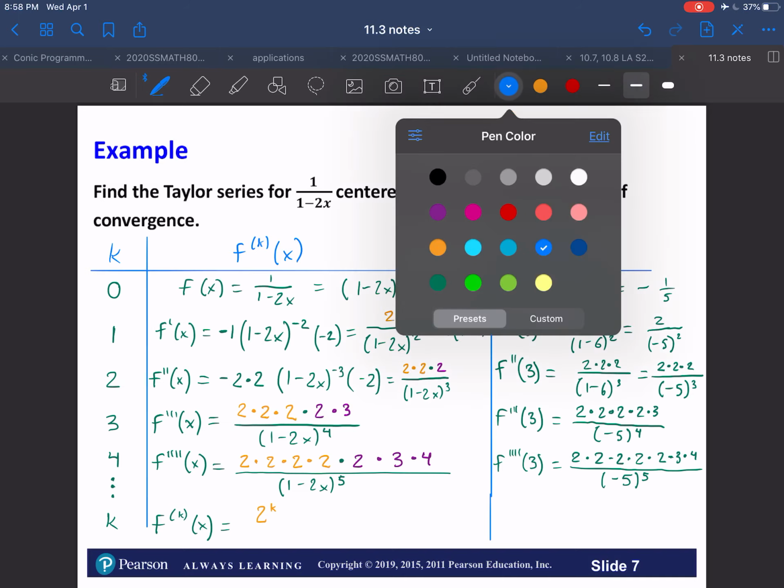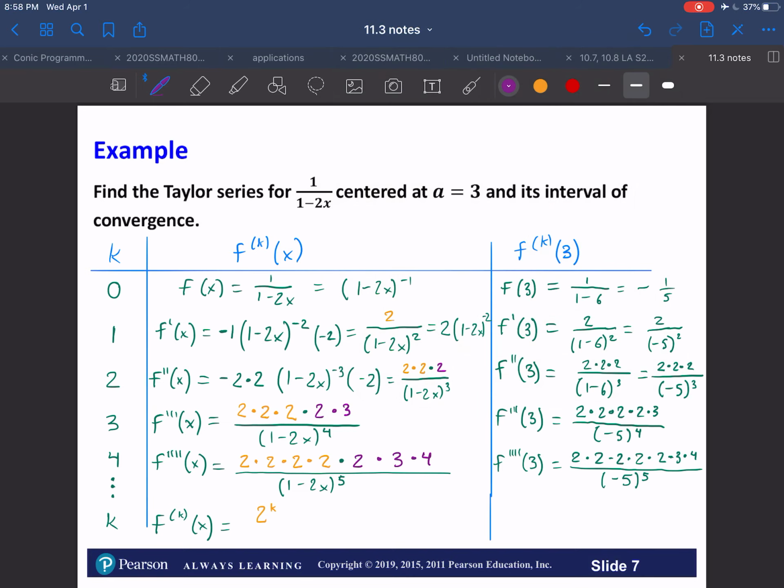Similarly, we notice that this 2 and this 2 times 3 and this 2 times 3 times 4, those are basically just factorials. And so we can write that as k factorial. Whenever we were taking the second derivative, we were calculating 2 factorial.